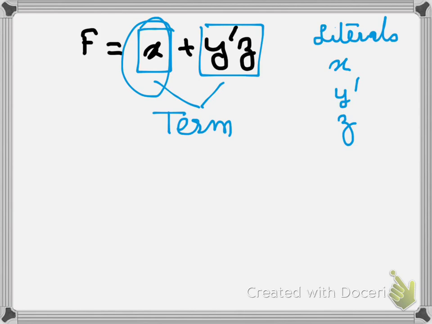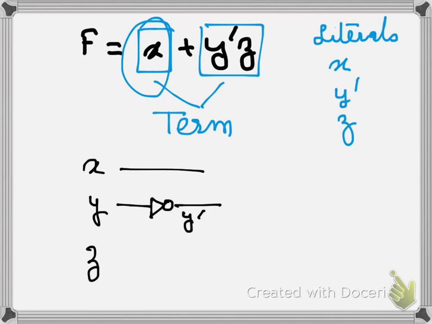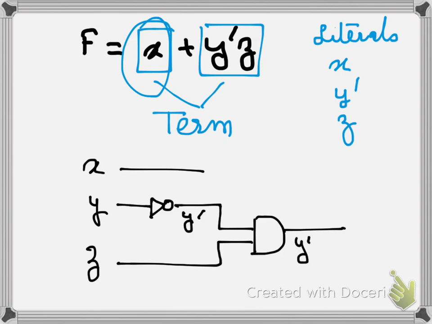So I have, this is x, this is y and this is z. Now y has to pass through an inverter to get y dash. So y dash and z are combined by an AND operator. So I get y dash z here. The first term is x, this is my first term and this is my second term.